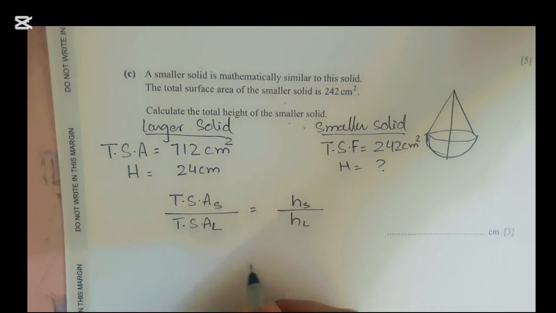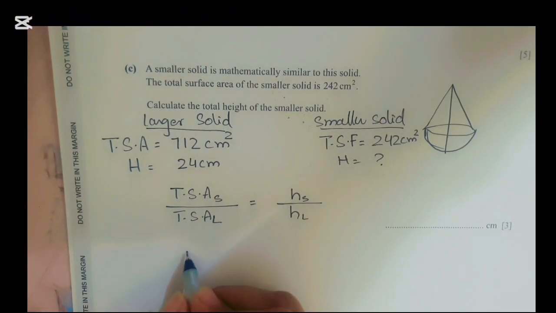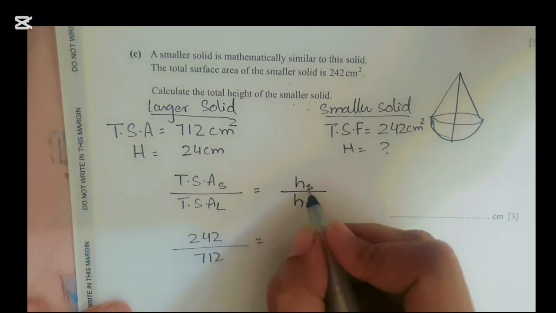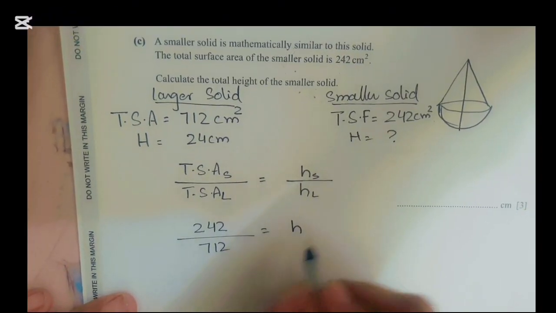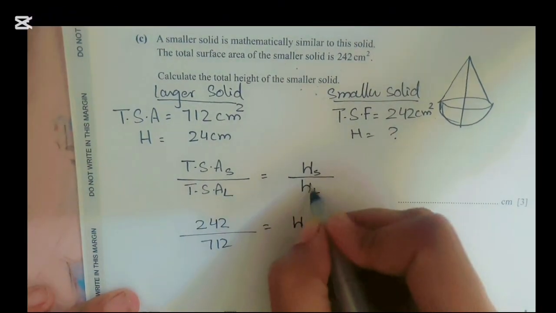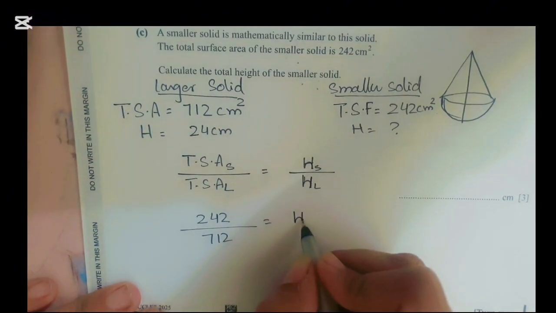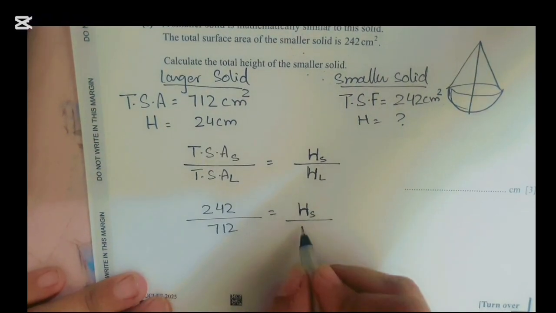Okay, this is the formula. Now I'm putting the values. The total surface area of the smaller is 242 and the larger is 712. Smaller height we don't know, so I'm just writing h, and for the larger I'm using capital H, which we already know is 24.